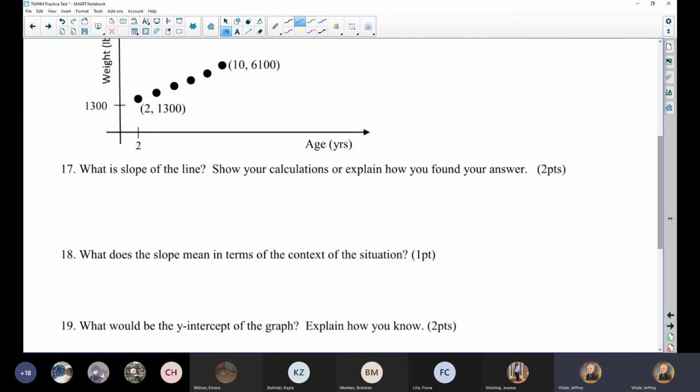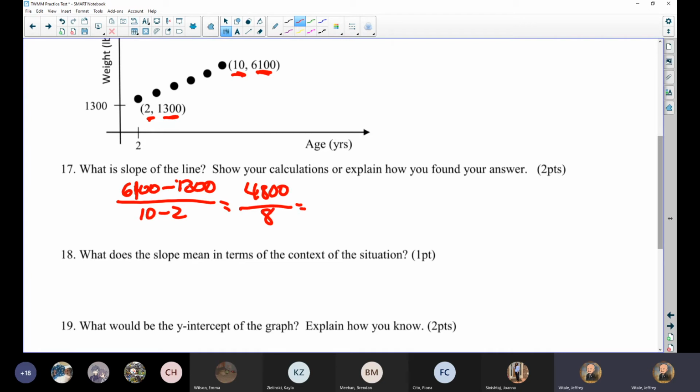So we're going to use our points to subtract. y2 minus y1. We just got bigger numbers is all. And then x2 minus x1. So 6,100 minus 1,300 is 4,800. And 10 minus 2 is 8.